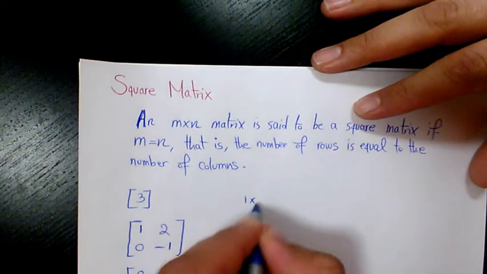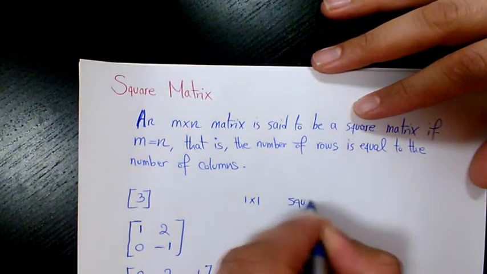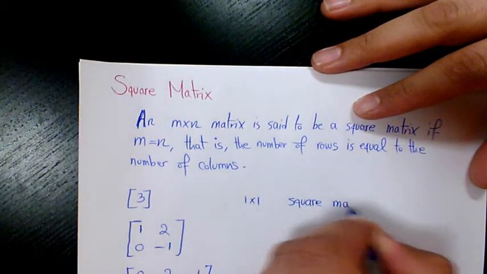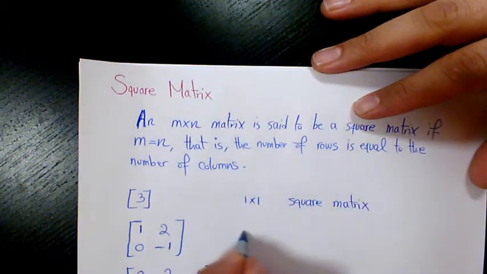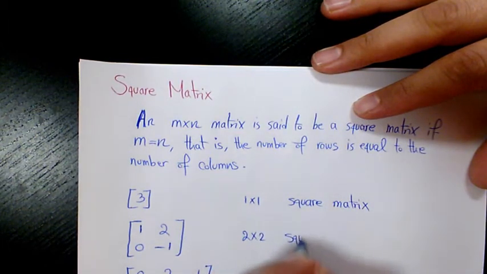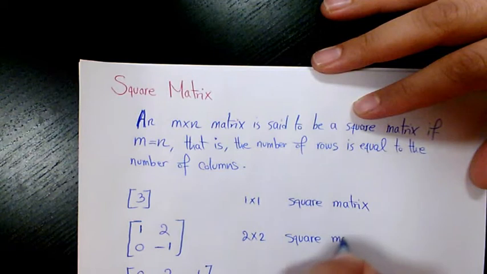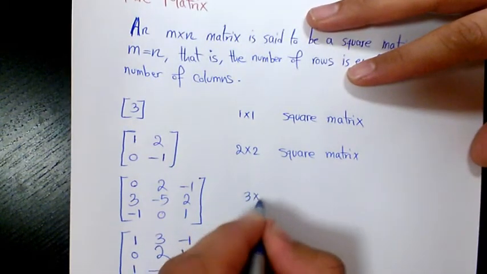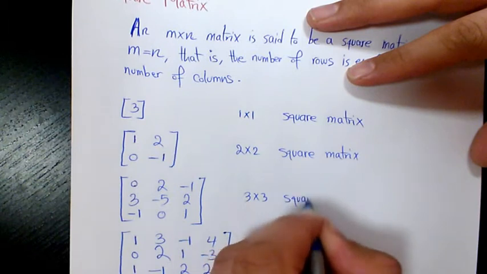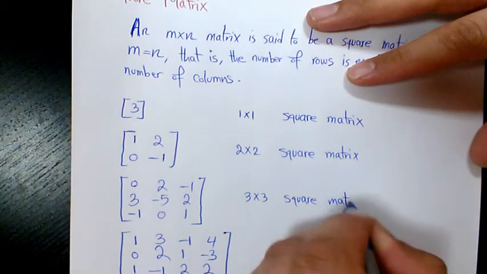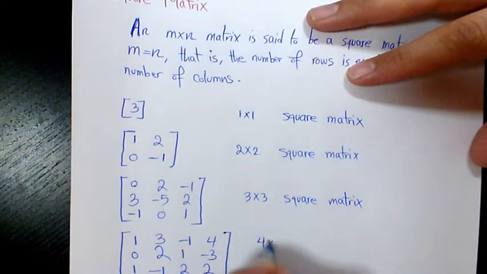So that's a 1 by 1 square matrix, 2 by 2 square matrix, 3 by 3 square matrix, and 4 by 4 square matrix.